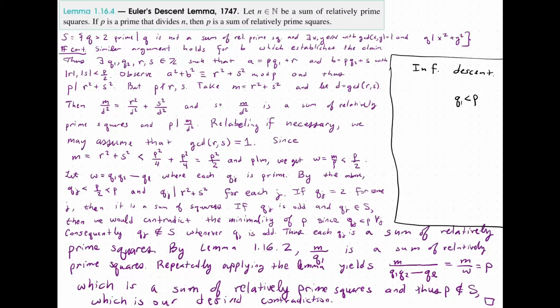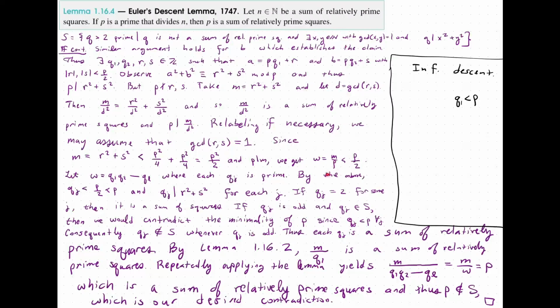So now we start the proof again. We take our Q1, it's less than P, and so now Q1 is not a sum of relatively prime squares, but it divides a sum of relatively prime squares. So we run through the same argument, where now we just replace P with Q1, and M with the corresponding value that we will get, so let's call it M1.